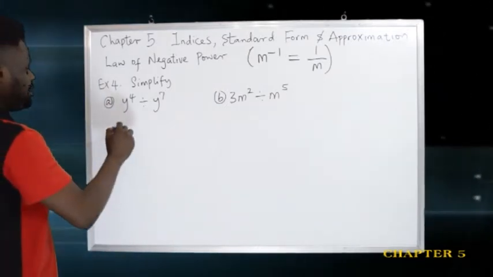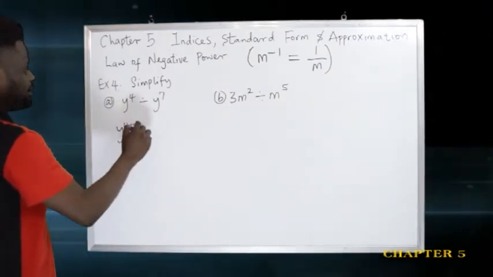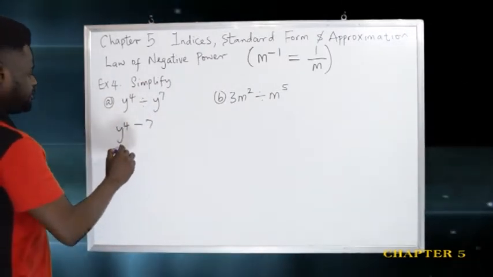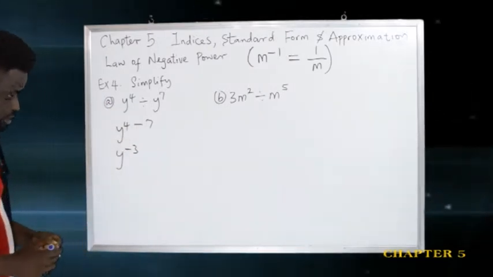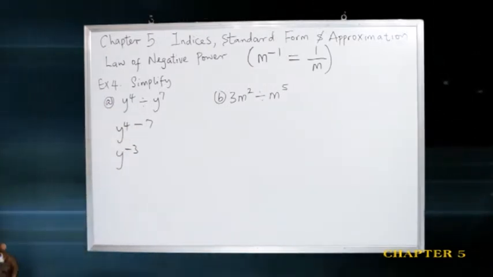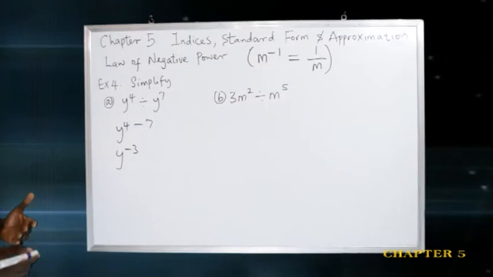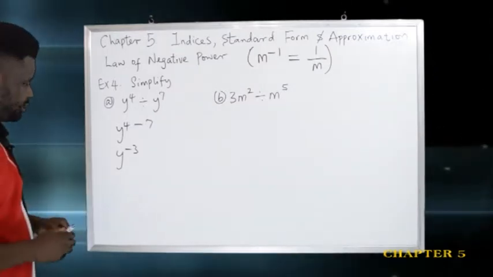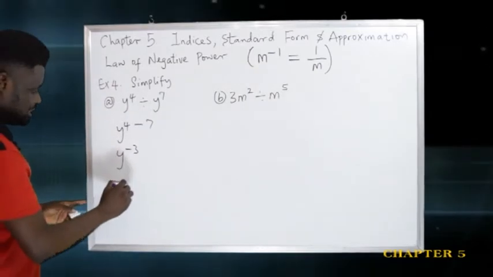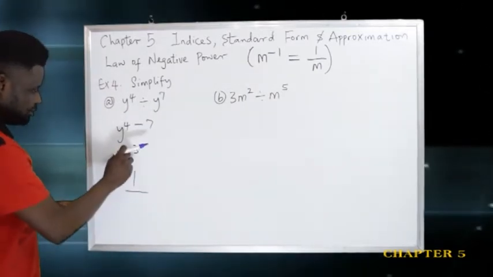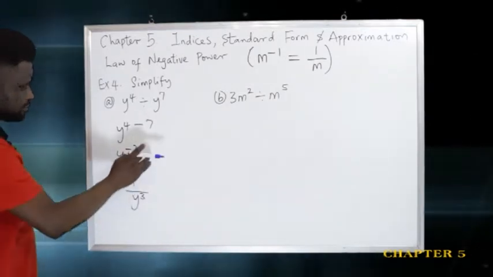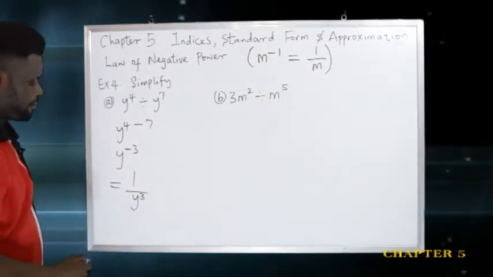This is y raised to the power 4, divided by y raised to the power 7. Then this will give us 4 minus 7, which is minus 3. We've done this in the previous chapter, the addition of numbers. So this is y raised to the power minus 3. Then based on the law, this minus gives 1 divided by y raised to the power 3. So you bring down the power.